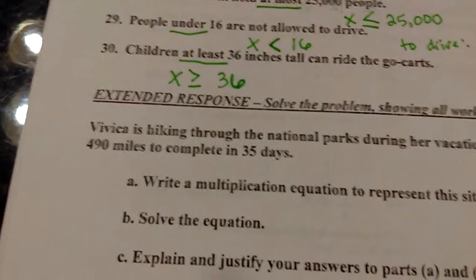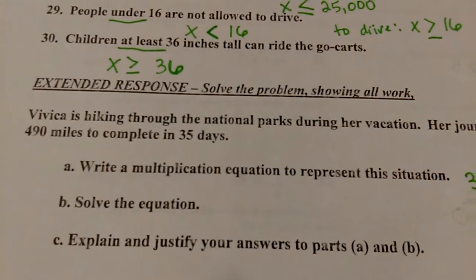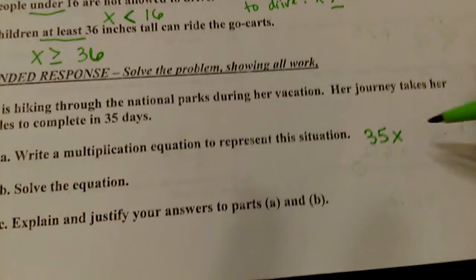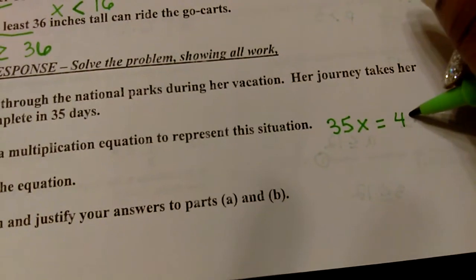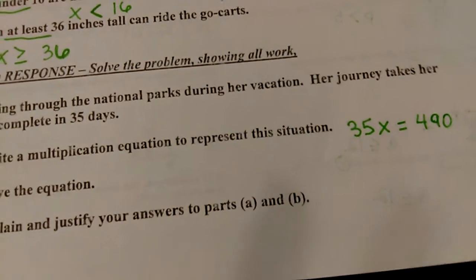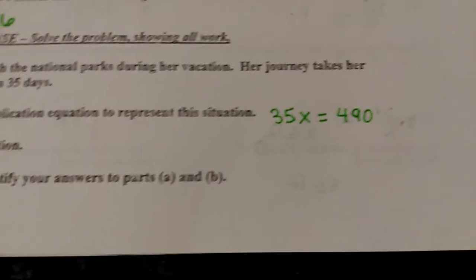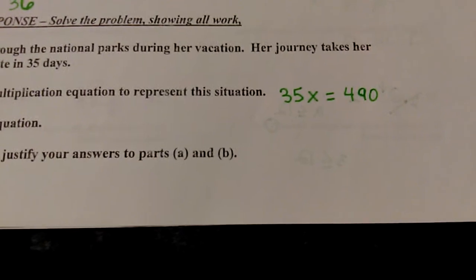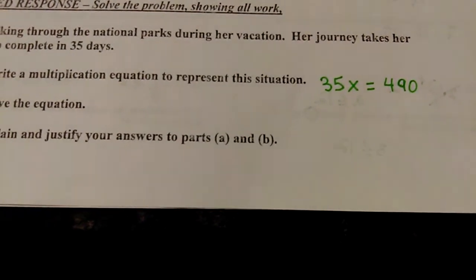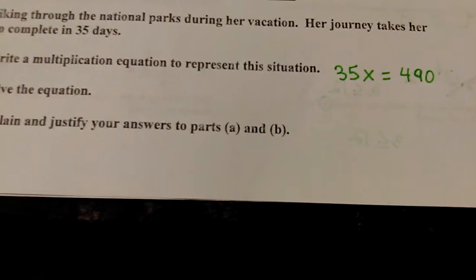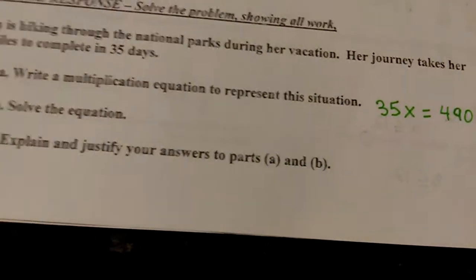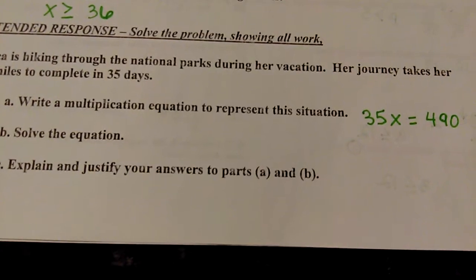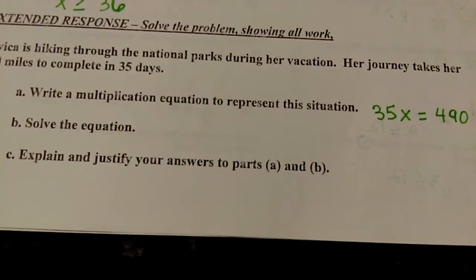But we know the total miles she did is going to be 490 miles. So we have our equation: 35 days times a certain amount of miles per day will give us 490. This brings us back to our one-step equations.